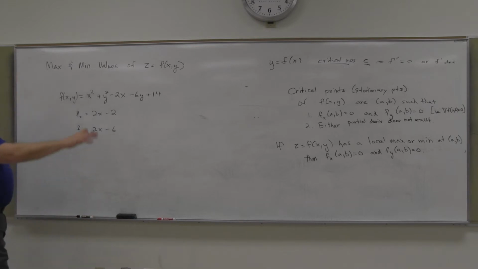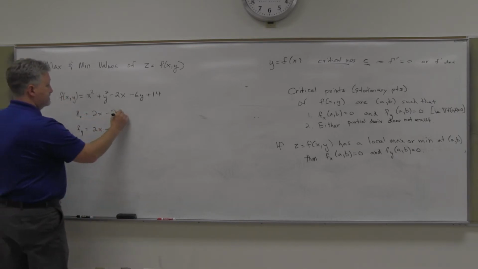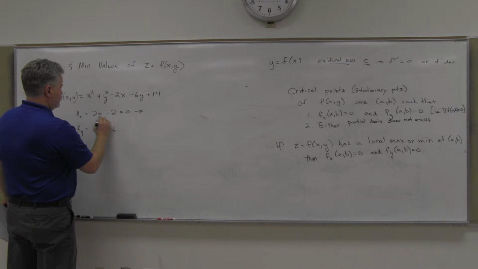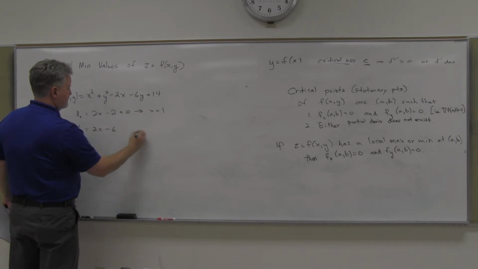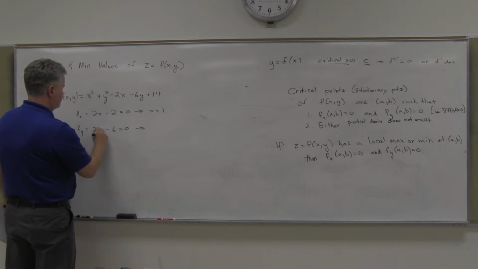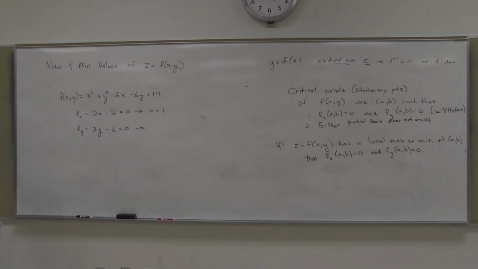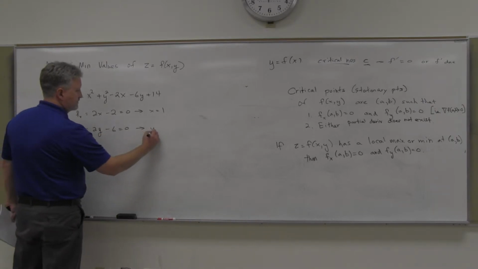If we set those equal to 0, x is 1, and 2y minus 6 equals 0 gives y equals 3.